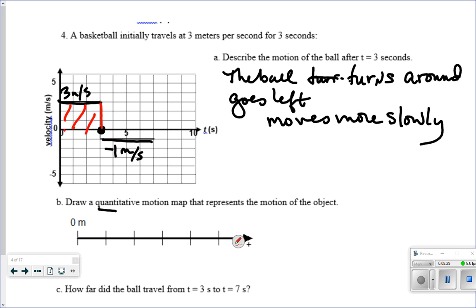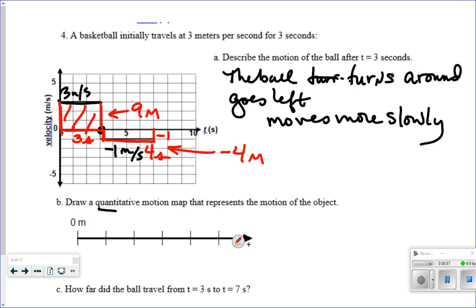So if you figure that this is 3 seconds, and this is 3 meters per second, that tells me that up here I'm going to go 9 meters, and then down here, because that's the area of a rectangle, just in case you were wondering. All right, so this one is going to be a velocity of -1, and then of course I'm going from 3 to 7, which is 4 seconds. So here, I'm going to move -4 meters.